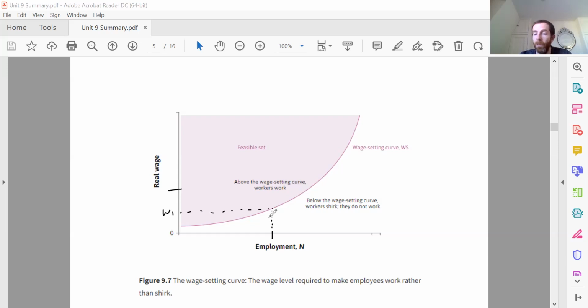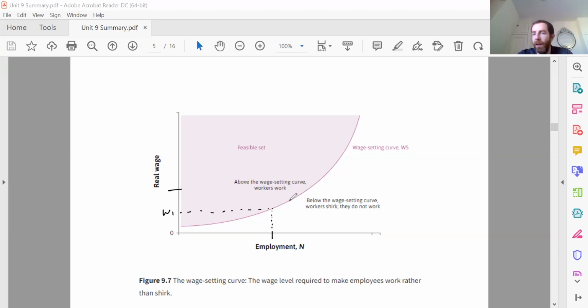They wouldn't work at all. So with this simplification, we know that firms will always want to be on this wage setting curve, as in, if they know what the level of unemployment is, they're going to pay the wage that's matched up with that on the wage setting curve, because that will mean it's the minimum wage where workers will work, okay?